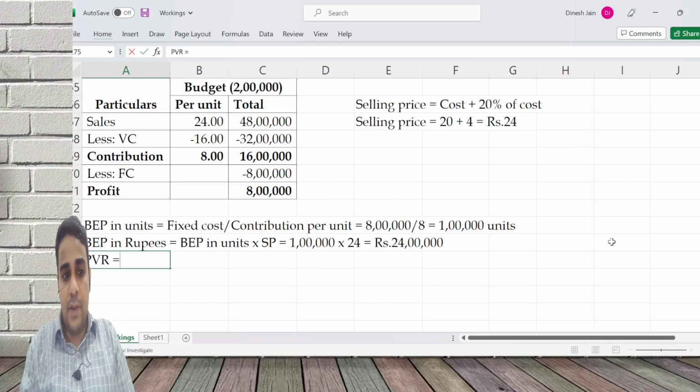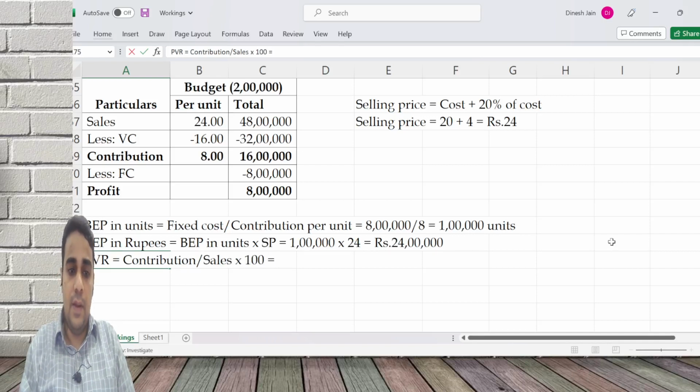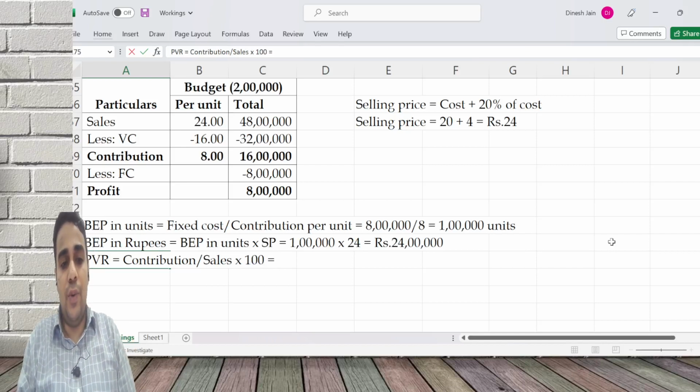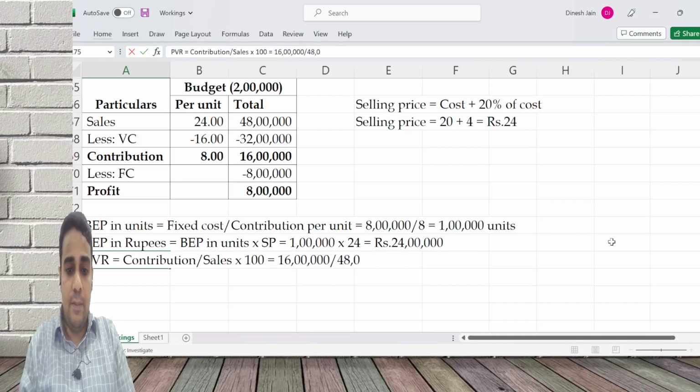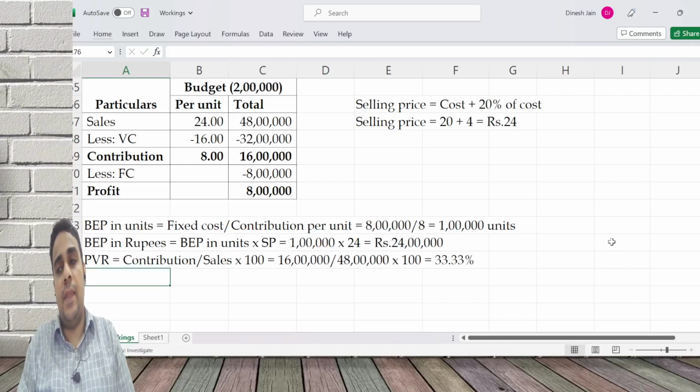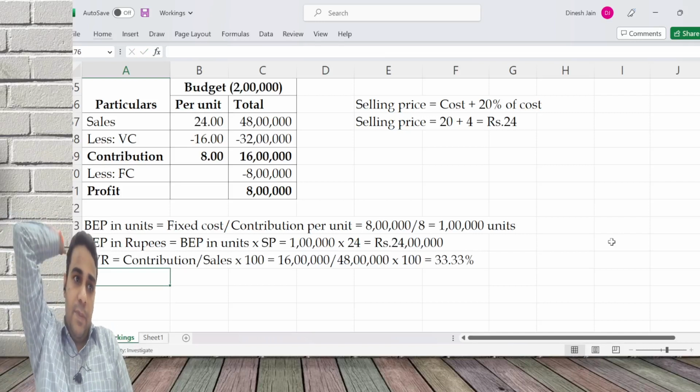PVR: contribution by sales into 100, or contribution per unit by selling price. You can do it at a per unit level or at the overall level. 16 lakh by 48 lakh into 100, that is 33.33%.